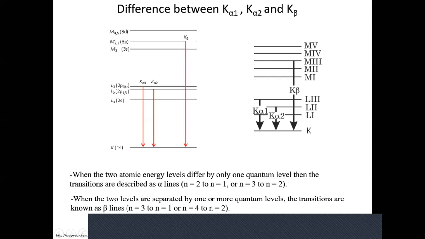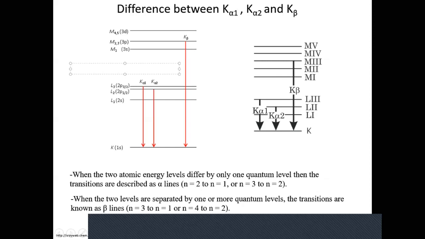So you see here, L3 is a 2p orbital, L2 is a 2p orbital, and then it falls down to the 1s. And so here, 2 minus 1 means there's a difference of 1 in the quantum number.